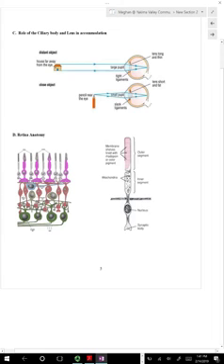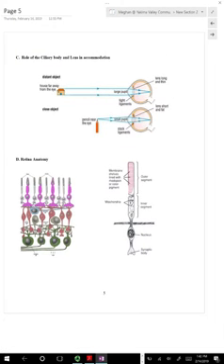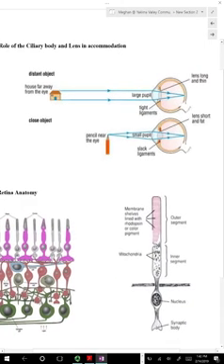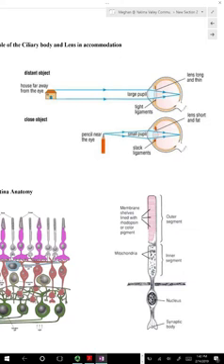But we are going to talk a little bit about accommodation, which is how we see things through the eye. So accommodation, this is this top section up here. The basics are we know that our lens changes shape to focus.